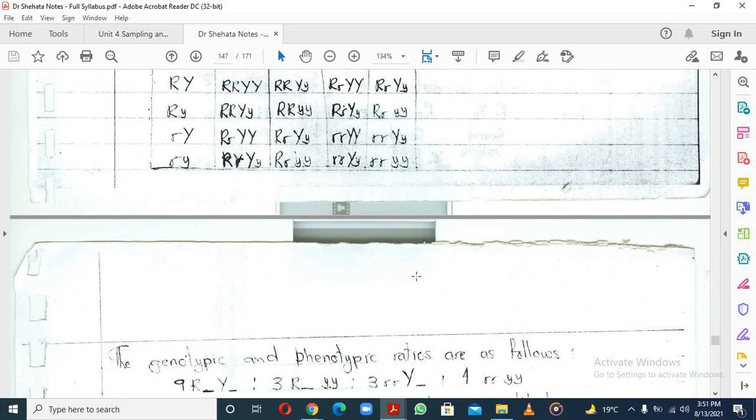Then for the second part, you say which one has got, for the color of the seeds, homozygous recessive, irrespective of the value of R. So in short, what does this tell you? The first part tells you that because it's R dominant and Y dominant, the ratio of round and yellow seeds is going to be 9.